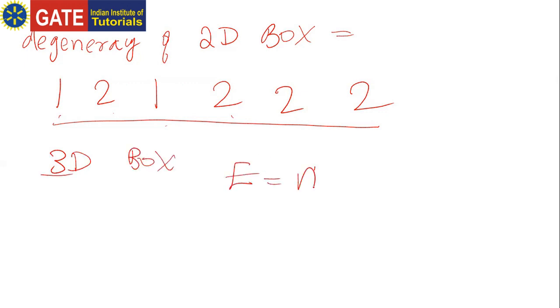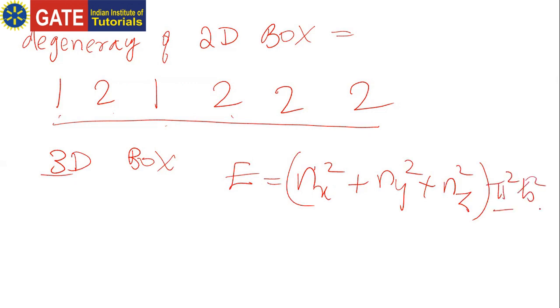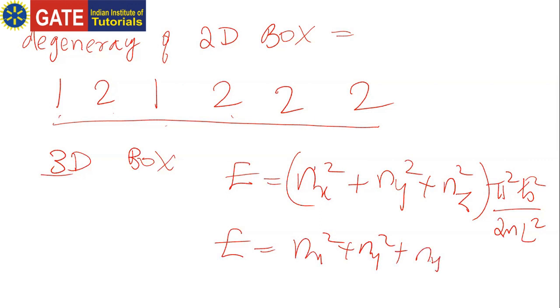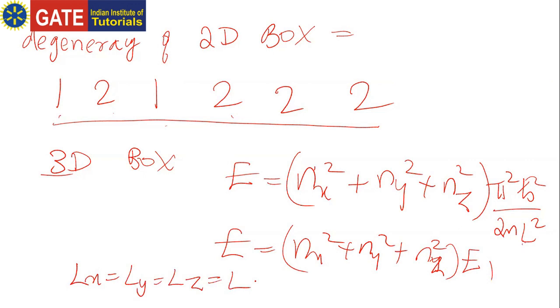Energy is equal to nx square plus ny square plus nz square into pi square h cross square by 2mL square, or E equal to nx square plus ny square plus nz square into E1. Here I am considering Lx equal to Ly equal to Lz equal to L.